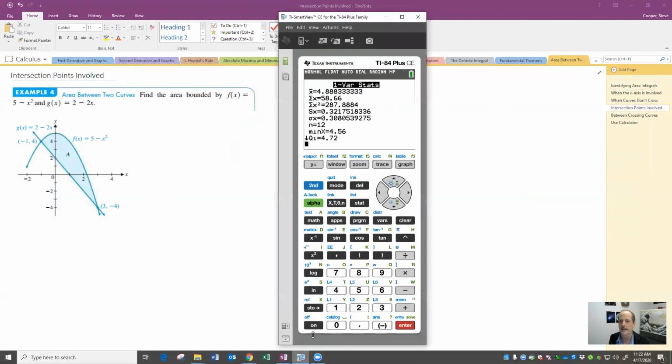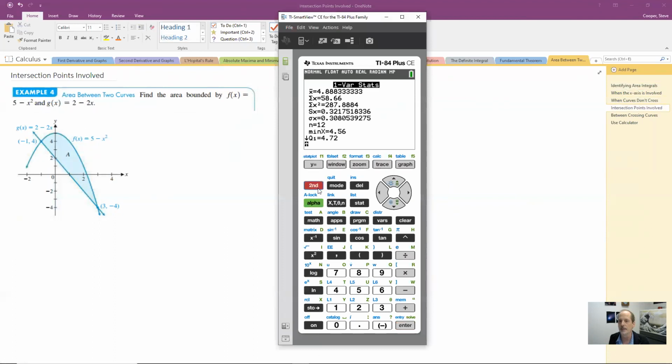So while I'm at it, I'm going to pull up my graphing calculator, and I'm going to go into y equals. I'm going to put my two bounds because without an orientation of a graph, I may not know which graph is on top and which one's on bottom.